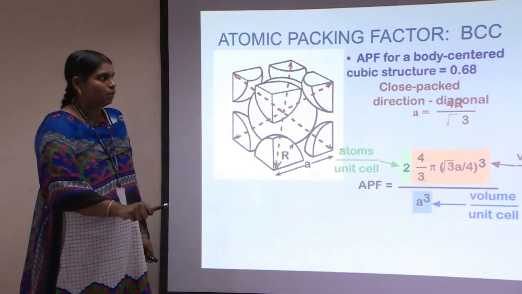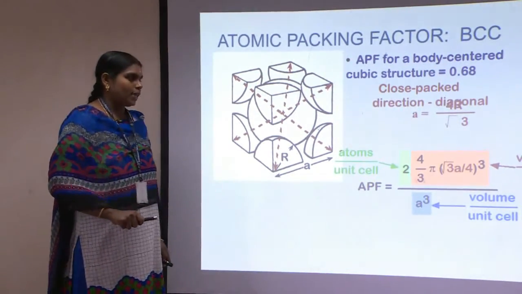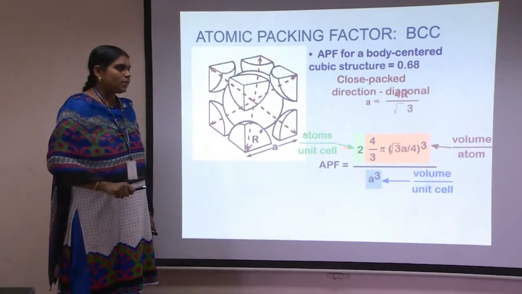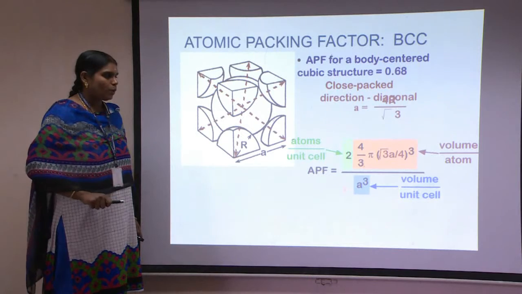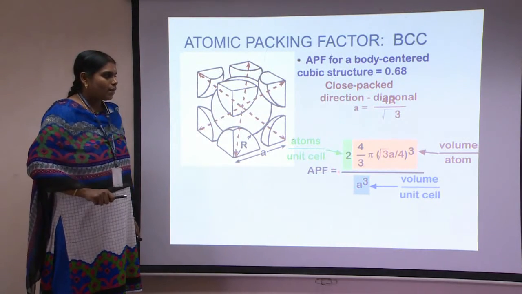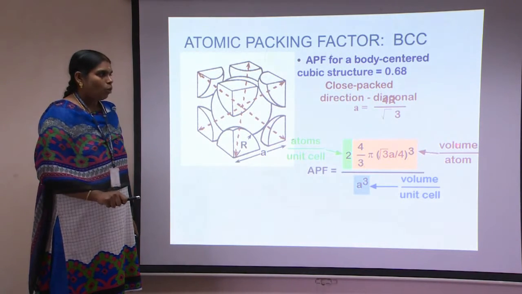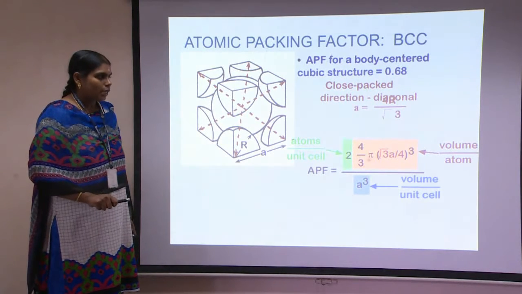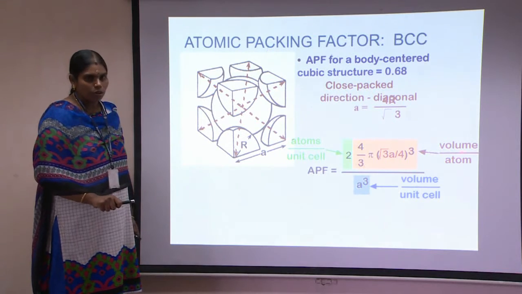So the last factor is the packing density. So what is packing density? Once again we recapitulate. APF is the volume of atoms in the unit cell divided by the volume of the unit cell. Since it is a cubic structure, we can substitute the volume of the unit cell as A³, whereas here it differs because the number of atoms per unit cell is 2 and the volume of an atom is 4/3 πR³, and instead of R we substitute (√3A/4)³.